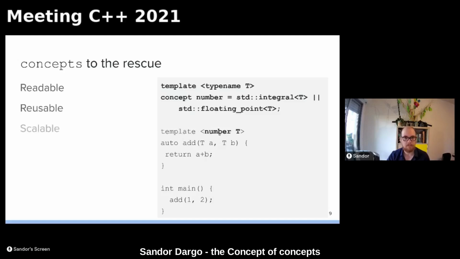It's very reusable. So therefore it scales well, and it makes your code much safer, because it will be easier to constrain what types you want to accept in your different templates.